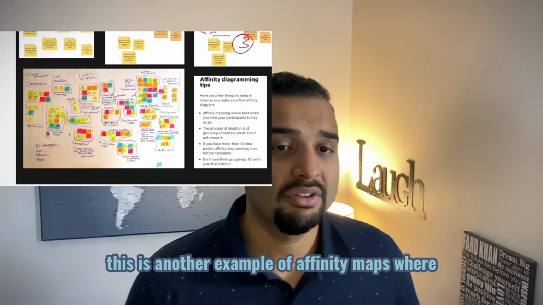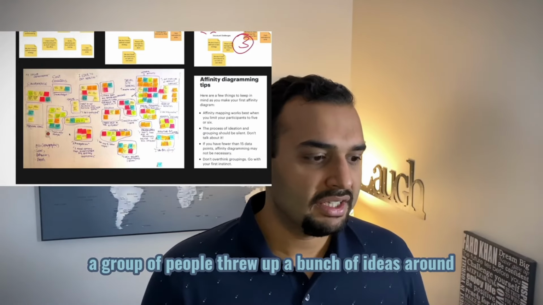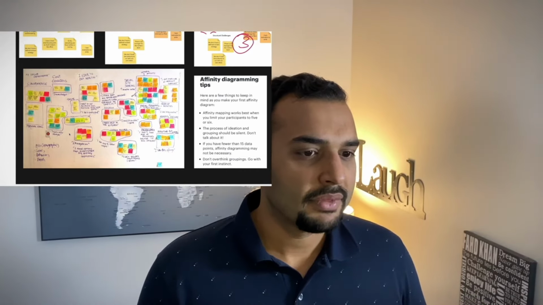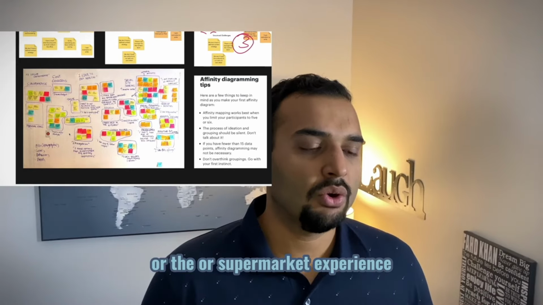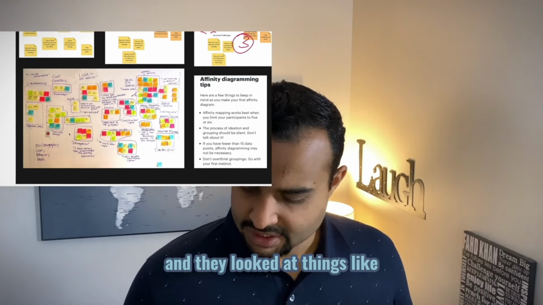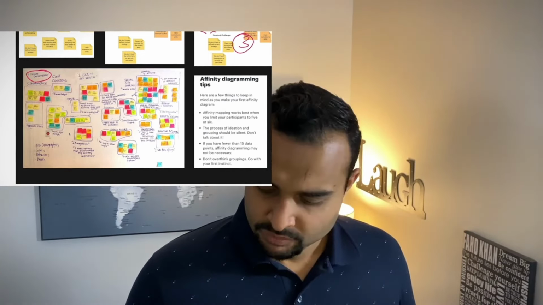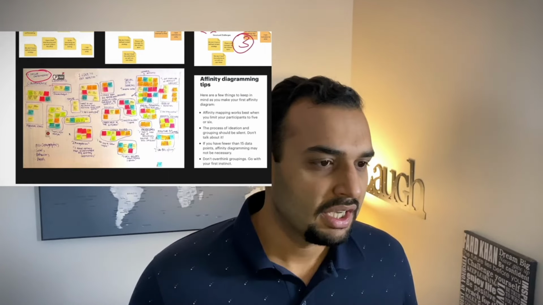This is another example of affinity maps where a group of people threw up a bunch of ideas around the shopping experience, or a supermarket experience, and they looked at things like, the value statement is I value convenience. I'm also cost conscious. I like to eat healthy.